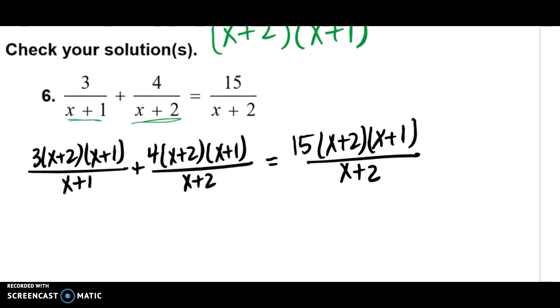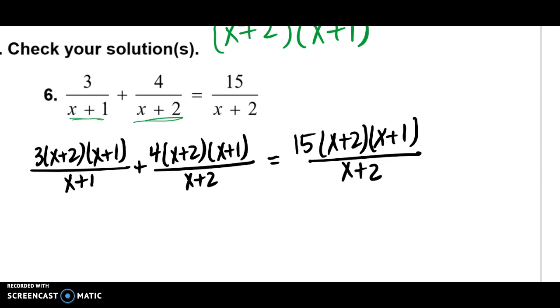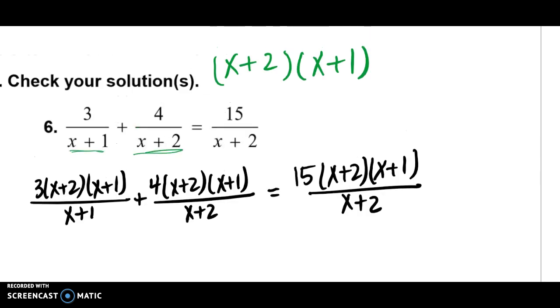So all I did was bring down the same denominator they had originally and only multiply the top by what our least common multiple or denominator is.